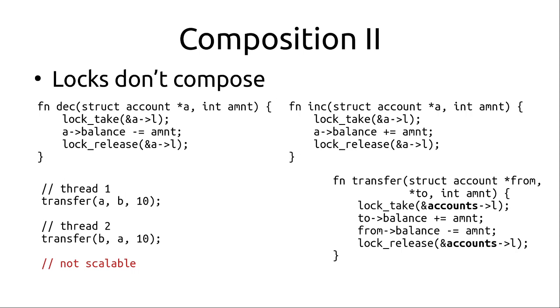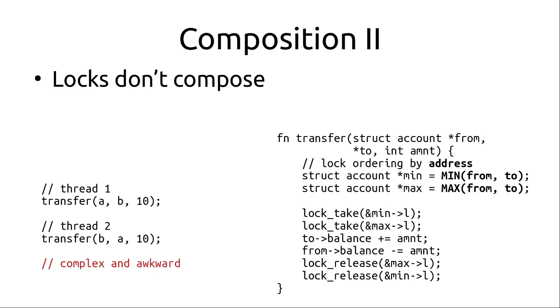So you might be even more clever and say, well, why don't we use that first implementation of transfer that takes the two locks, but make sure that we always take them in the same order, independent of what order they're passed in as arguments. So we might take the numerically lowest addressed account and always take that one first, and then take the numerically highest addressed account and take that.